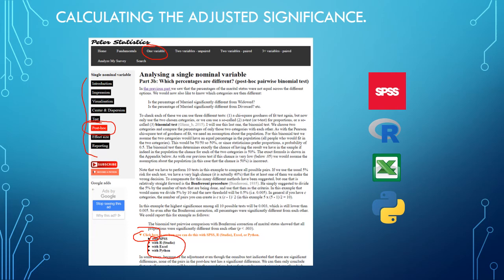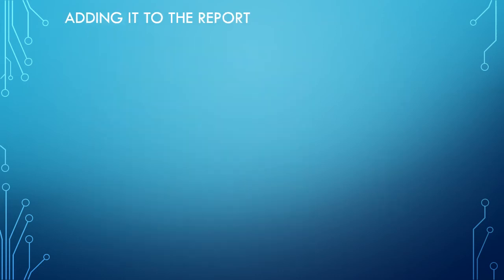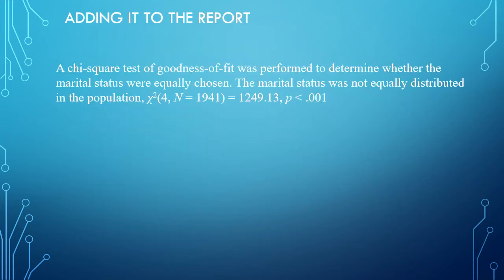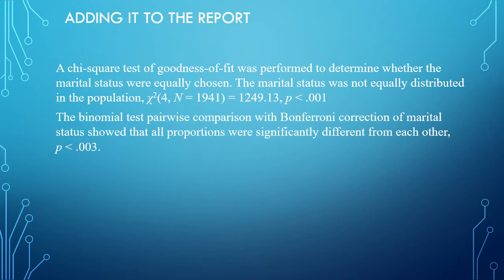In our report, we already had the result of the generic or the omnibus chi-square test of goodness of fit. And now we can add to this that the binomial test, the pairwise comparison with Bonferroni correction of the marital status, showed that all proportions were significantly different from each other. I then reported the highest one, which was the p-value, the significance of 0.003, or actually it was slightly less than that.